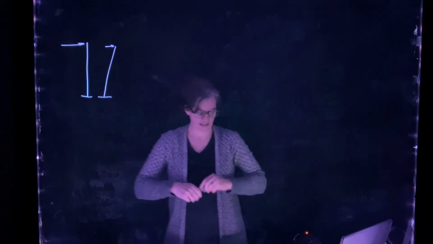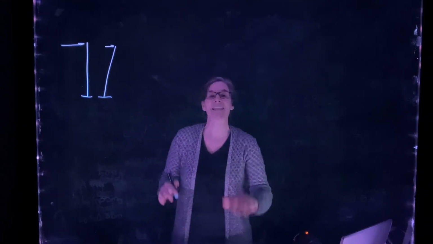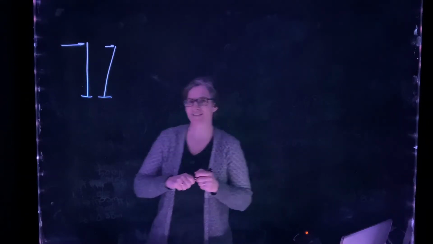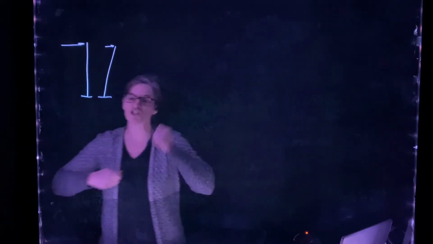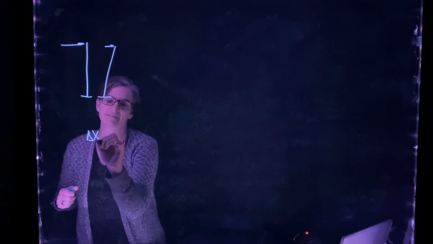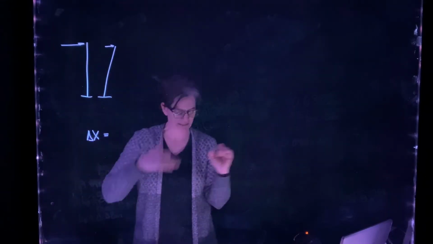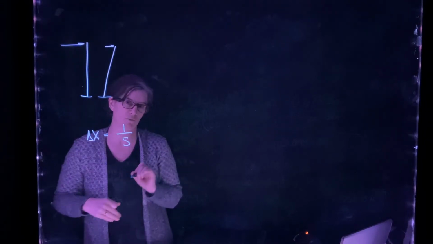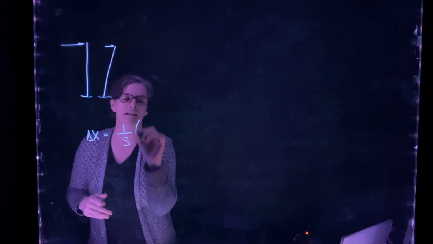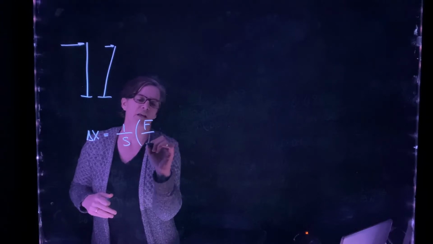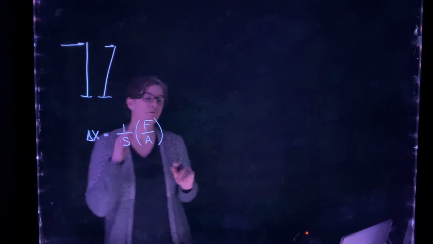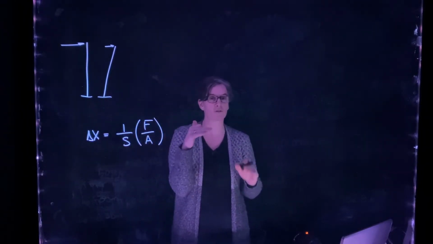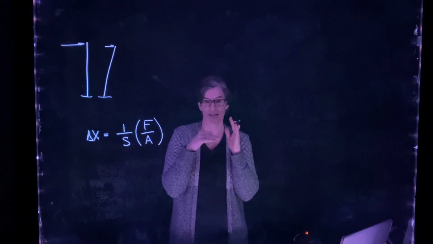All right, so this problem is going to look at that idea of shear forces. And we need to remember that the change in position when an object experiences a shear force is 1 over the shear modulus, which is a constant for a given material, times the force per area, where the force is the perpendicular force to that area.